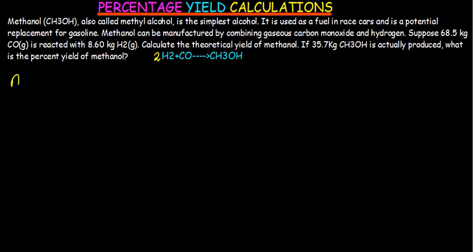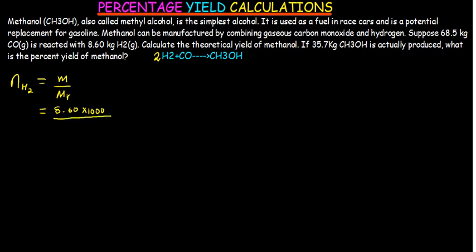Starting with hydrogen, the number of moles is given by mass divided by the molar mass. The mass of hydrogen is 8.60 kg, but we don't want it in kg because the molar mass is given in grams per mole, so we need to multiply by 1000. Why are we doing this? We are converting from kg to grams.